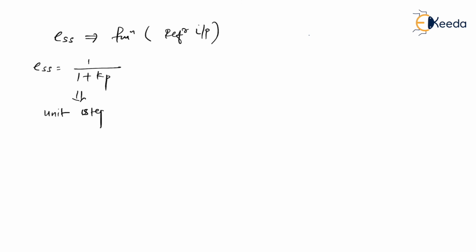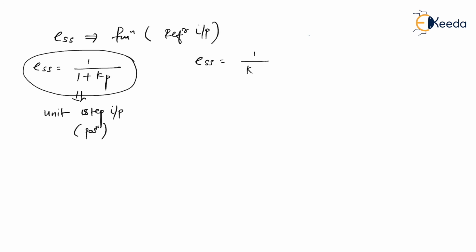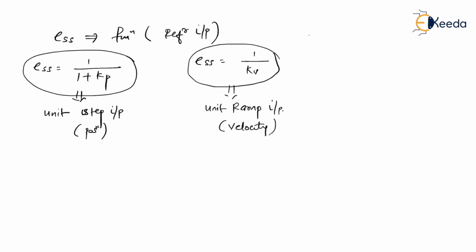unit step input, that is nothing but a position input, provided again, this formula is applicable only if h of s equal to 1. Secondly, ESS also we have seen it is 1 upon Kv. Again, this formula is applicable for a unit ramp input, which we also call a velocity input.